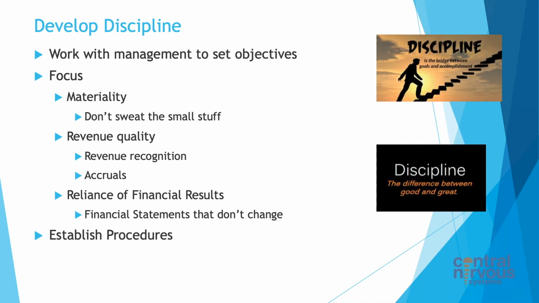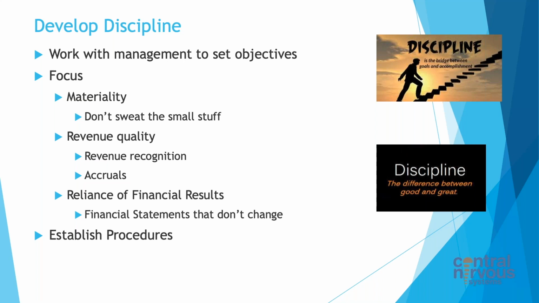So putting a procedure for proper revenue recognition and then going through and making sure that we put in the accruals for that so that we are comparing month over month, year over year, apples to apples, and not having these roller coaster swings.